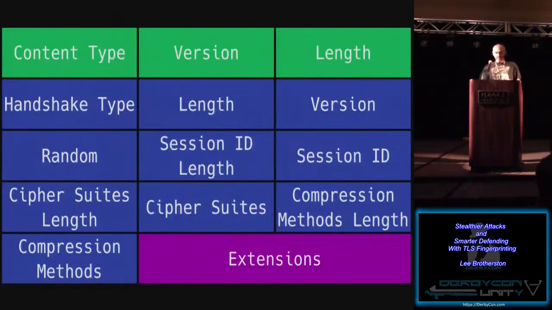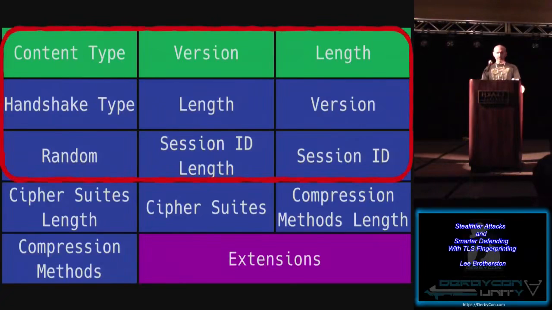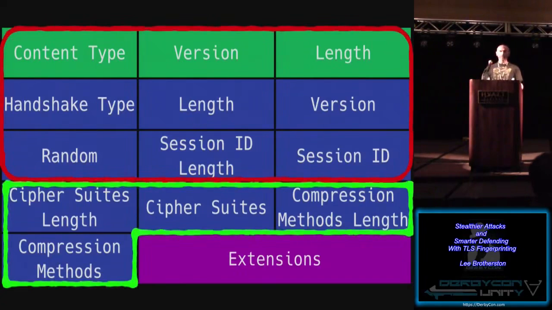So this is a standard header from a client hello. The boxes don't represent the size of the fields, but it is the ordering. So this block here is fixed location. You can find it really easily with no computation. They're at the standard offsets from the beginning of the payload. This section is mostly fixed-ish because it depends on the size of the session ID.